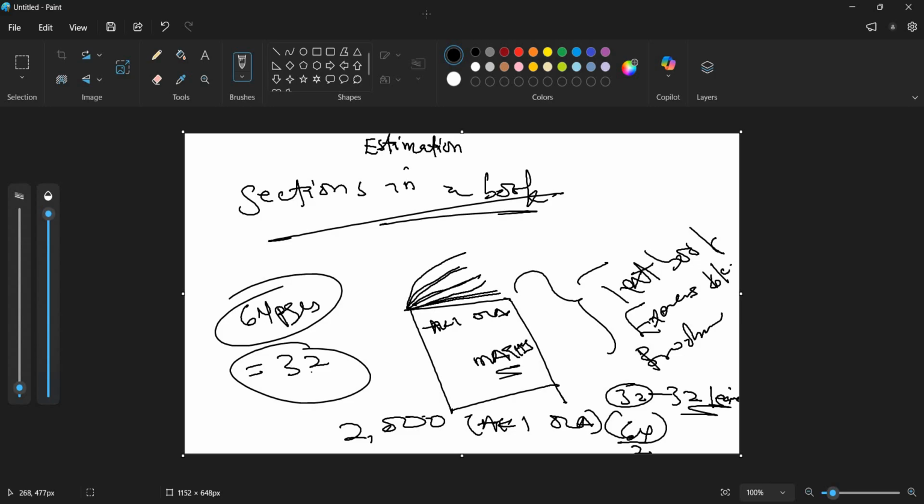Okay, so we know that pages is the same as flats, right? And then leaves same as sections. So that means when we take one book, it has what? 32 sections, 64 flats.